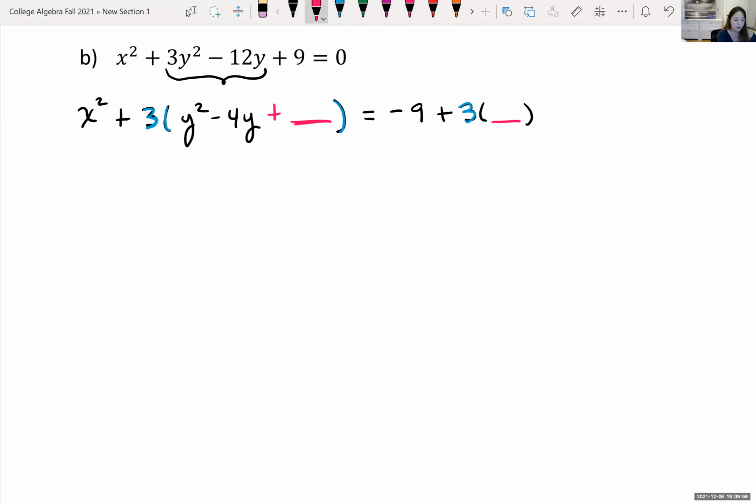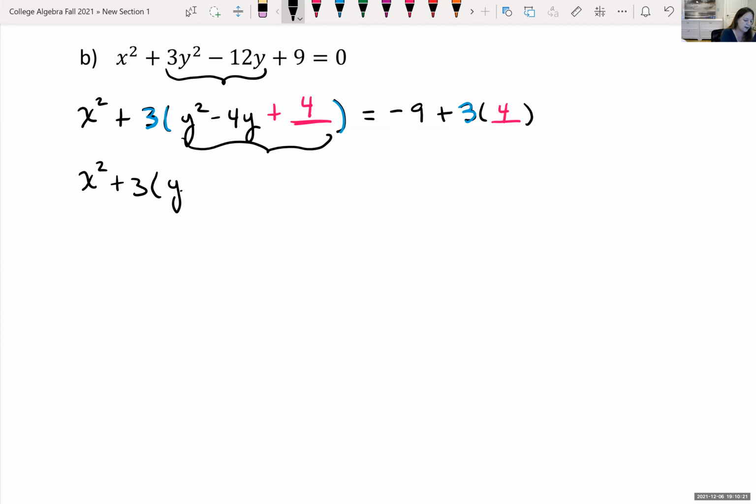So figuring out what that number is to make that a perfect square, half your b value. So -4 divided by 2 is -2. And square -2, we get 4. So we're going to add 4 inside, well, not technically, 12 on the other side. And so rewriting this, we have x squared plus 3, and this is now a perfect square inside the parentheses.